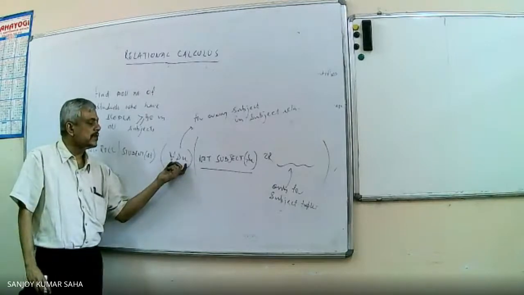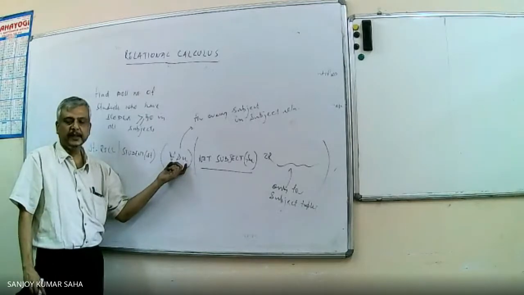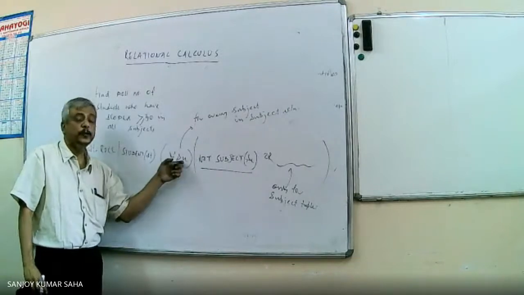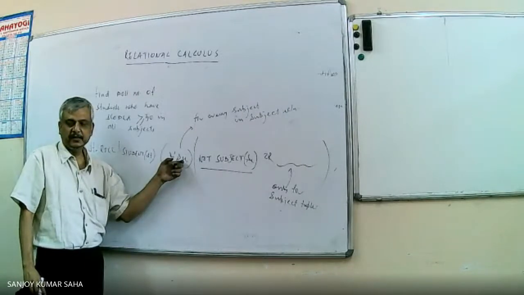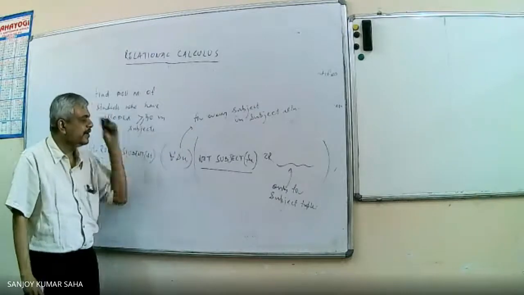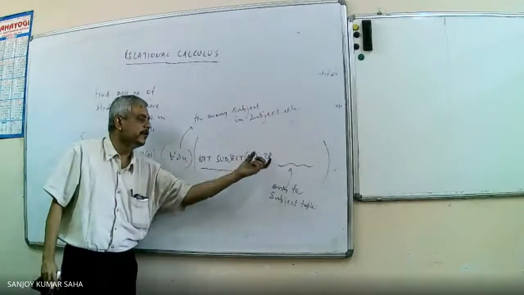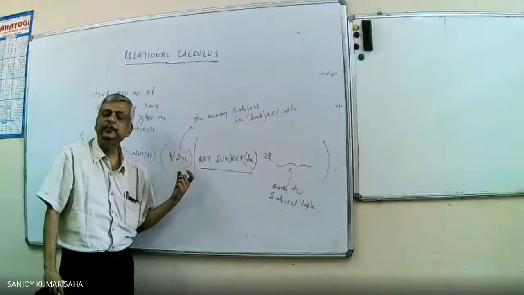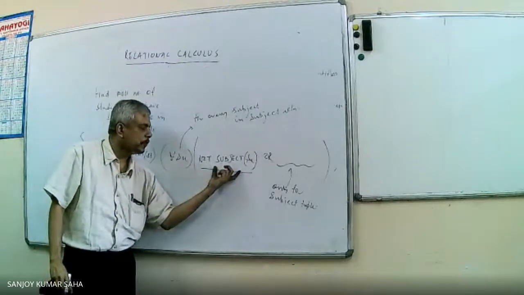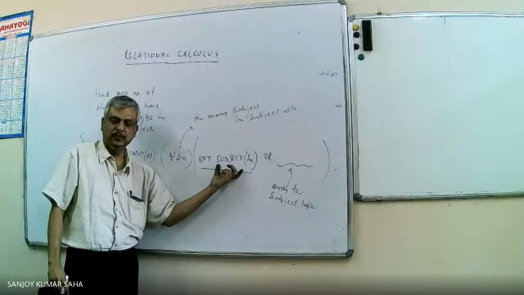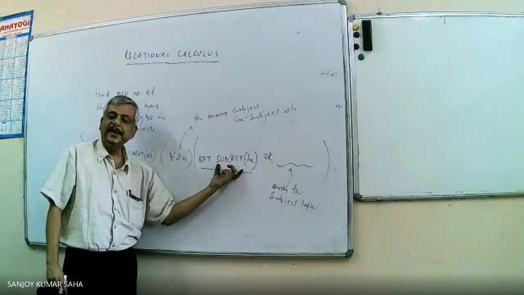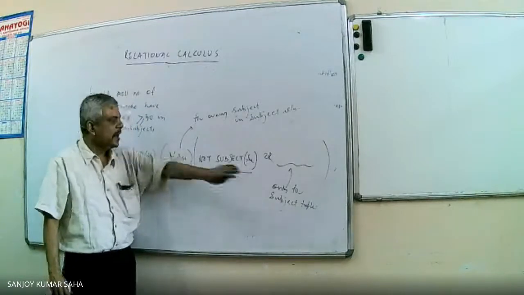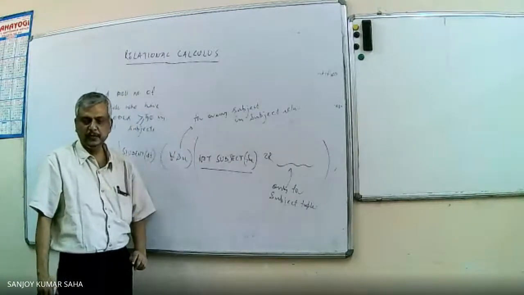When we are using this for all kind of thing, it ranges over the universal relation. Now, in my mind, I am interested only in the subject tuples. But for others also, I have to make this true. So we have put not subject SU. For any tuple other than the subject tuple, in which I am not interested, I am forcibly making this true.